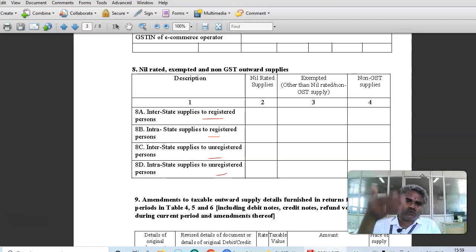That's why they ask you to give all information, even though you sell taxable or nil rated or exempted goods. Everything should be uploaded.